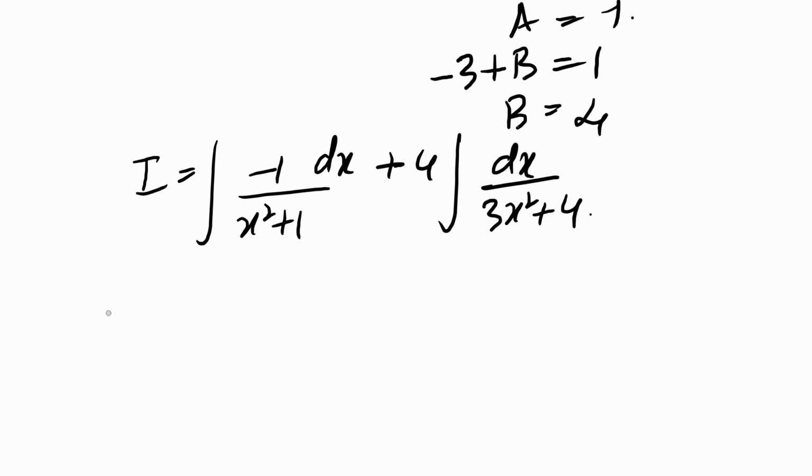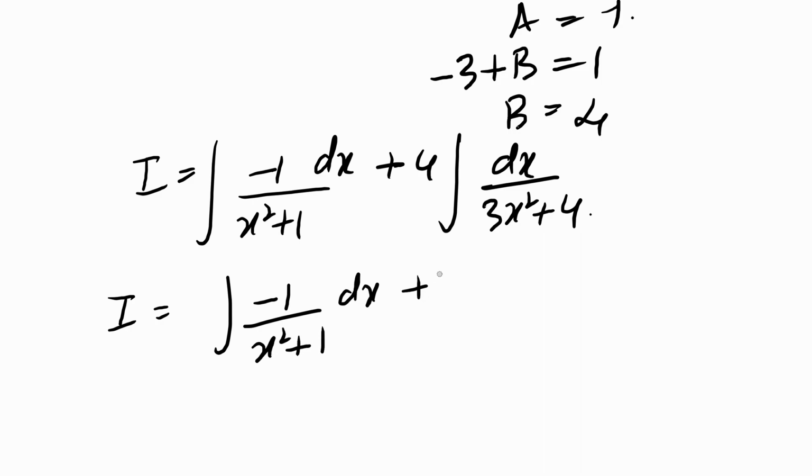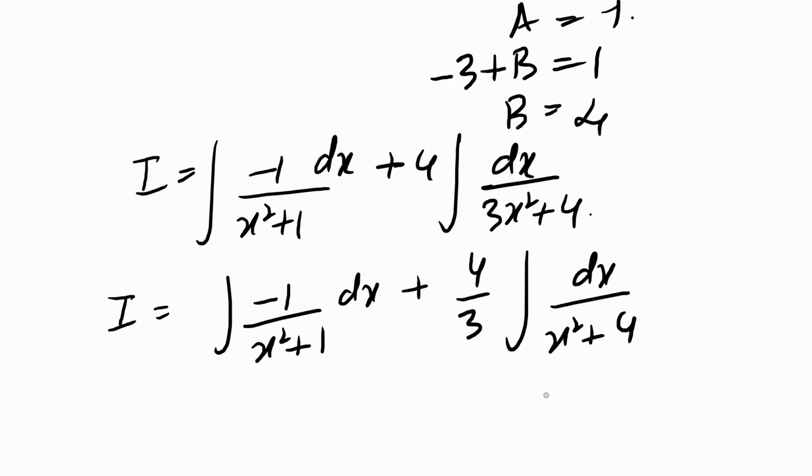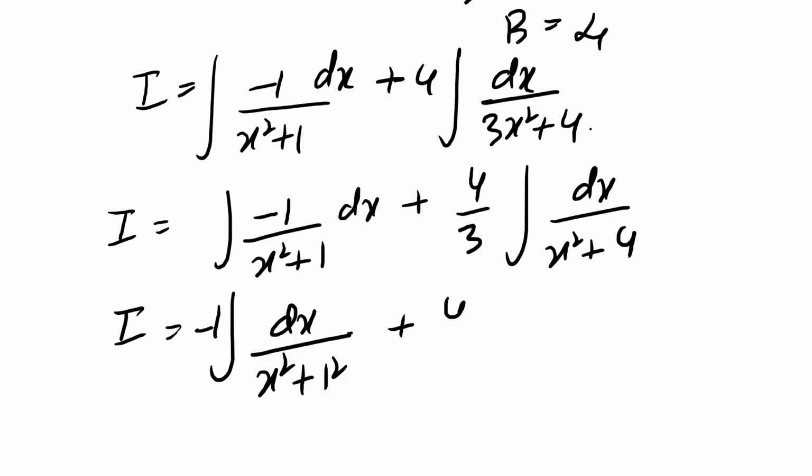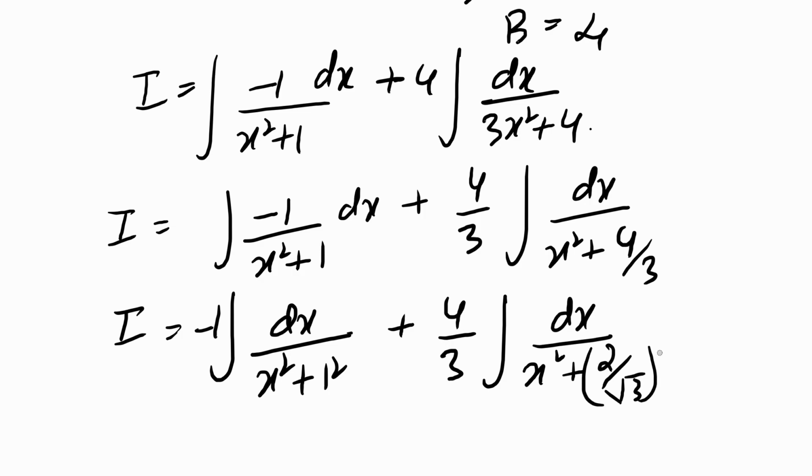Now both of these are in the standard form. I can write I is equal to integration of minus 1 dx upon x square plus 1 plus 4 upon 3 dx upon x square plus 2 upon root 3 whole square.